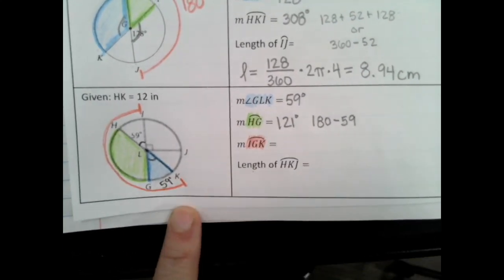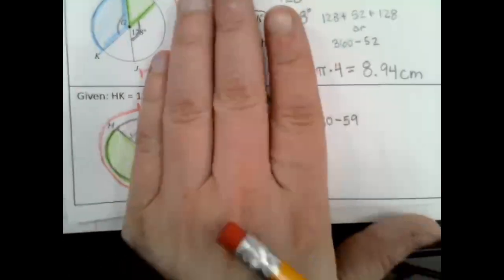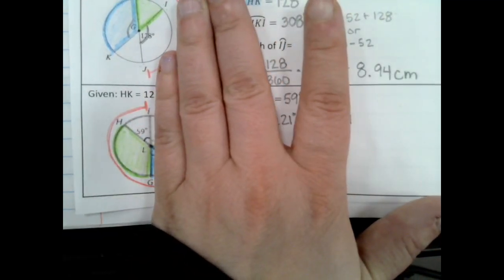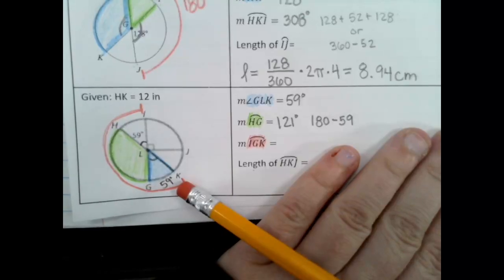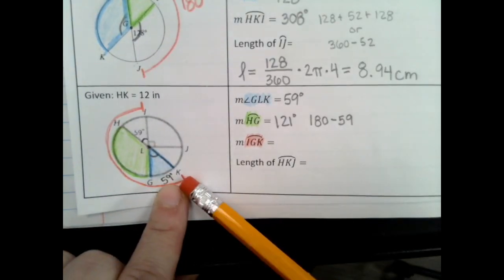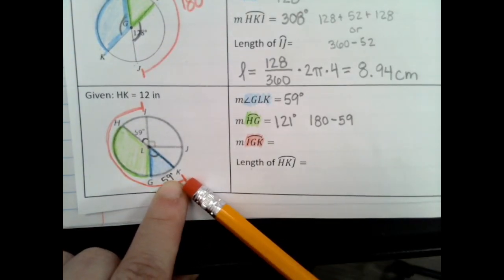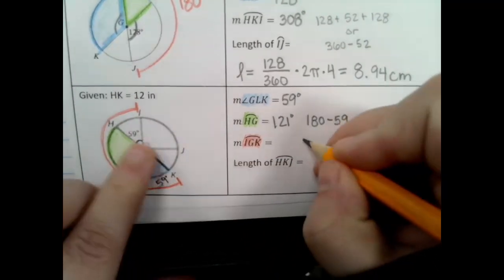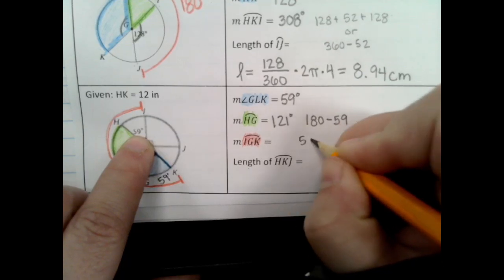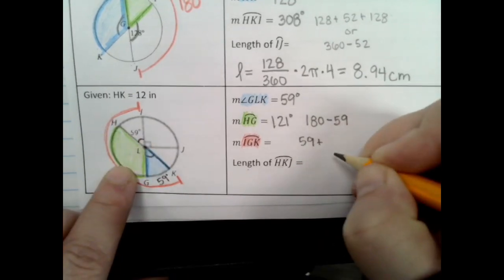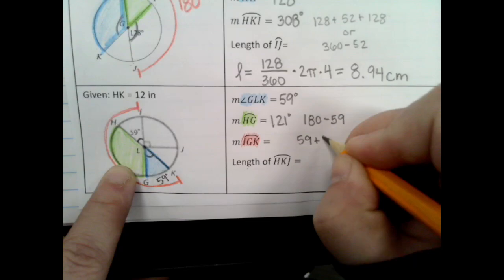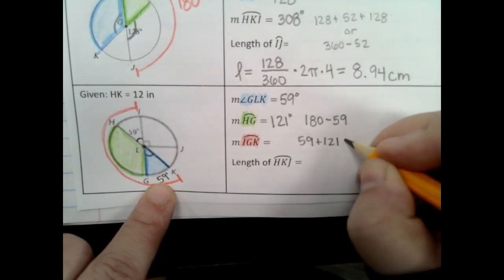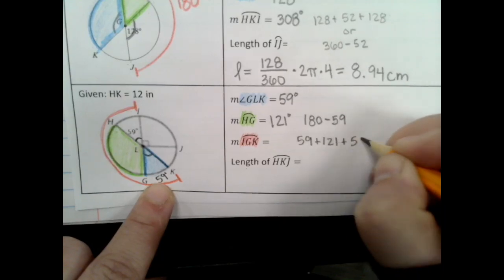All right, a couple ways to do this. One way is some people look at this. They say I to G is how many degrees? 180. And then I need to go how much more? 59 more. That's not how my brain works. My brain looks at all these pieces. They say there's 3 pieces. So I would do this 59 plus this green part, which is 121, plus this blue part, which is 59.